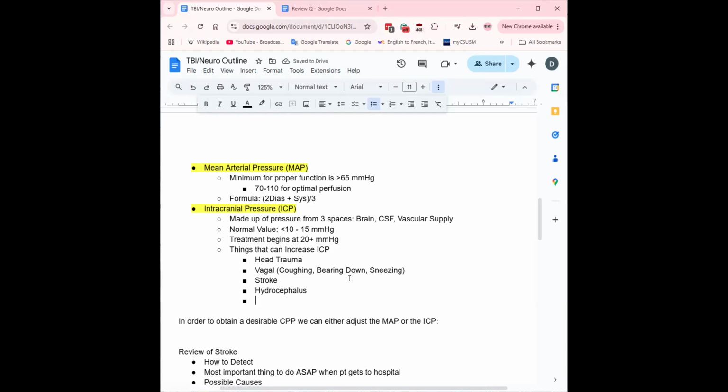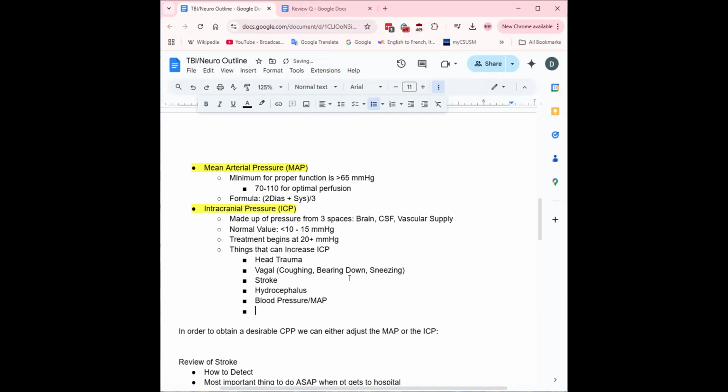So if somebody has issues with ICP, what are you trying to prevent or manage to not make it worse, essentially? Blood pressure, yes, so blood pressure and MAP. Anything else?